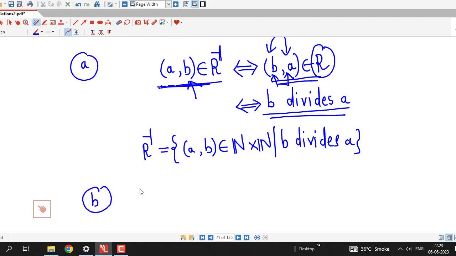And for complement, we have to write down R bar or R dash or R complement.